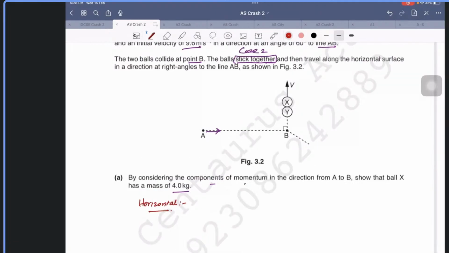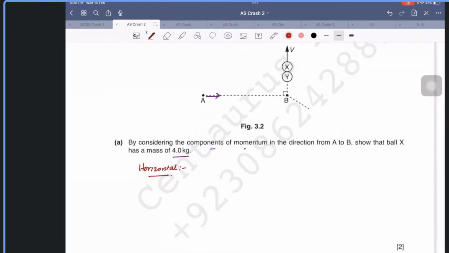So in the horizontal direction, I'm going to write m1 u1 plus m2 u2 equals m1 v1 plus m2 v2. Also, I'm going to take this side as positive and this side as negative. That's up to me, like you already know, but you can change it to whatever you want.